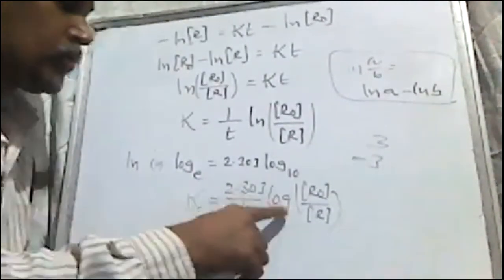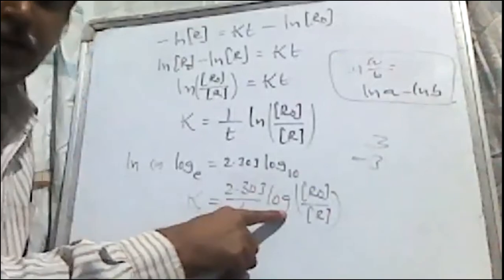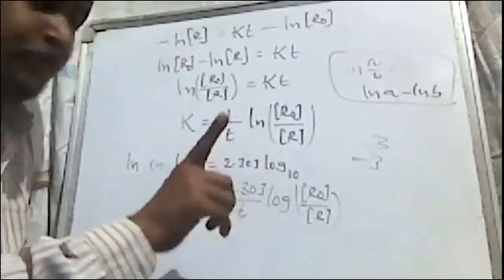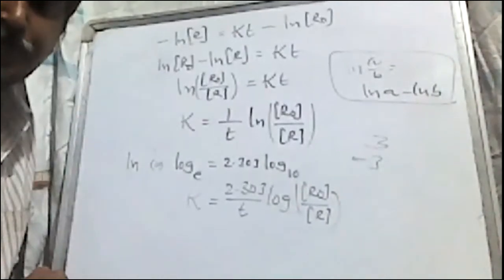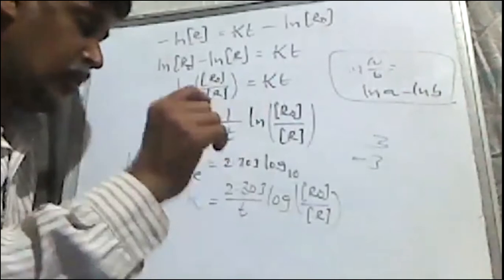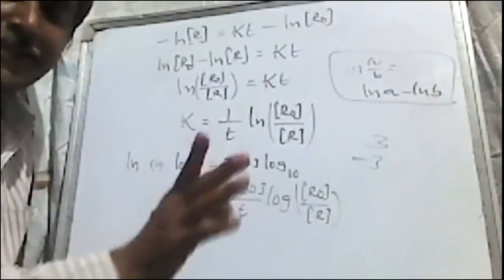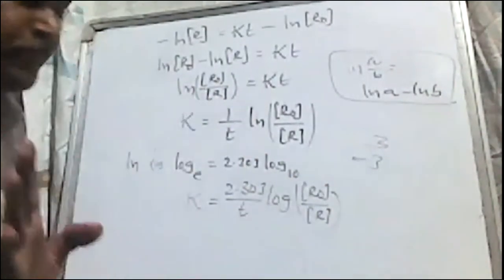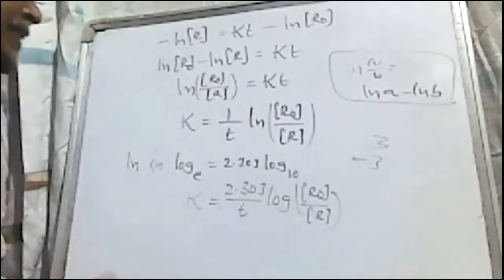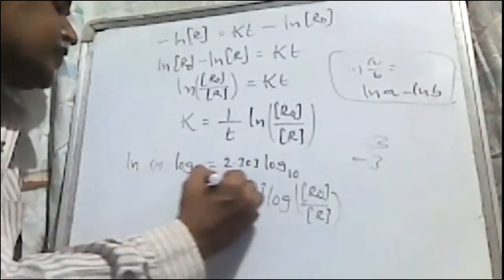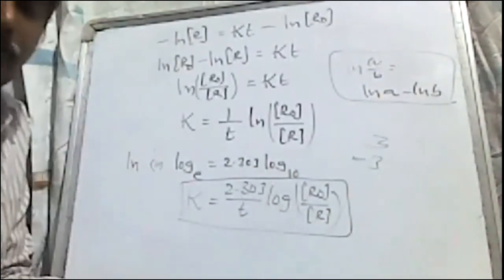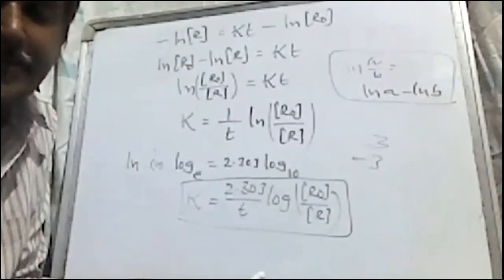Similarly, here also, if we are writing log and it is not specified, it is base 10 only. Right? So this is the expression for the rate constant of a first order reaction.